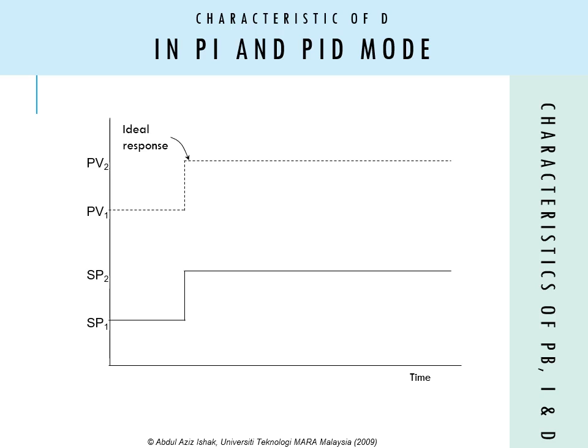Increasing D makes the oscillation period shorter.